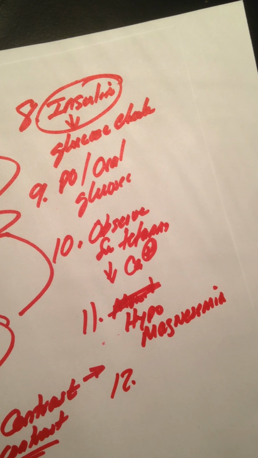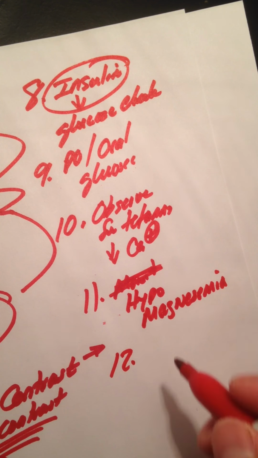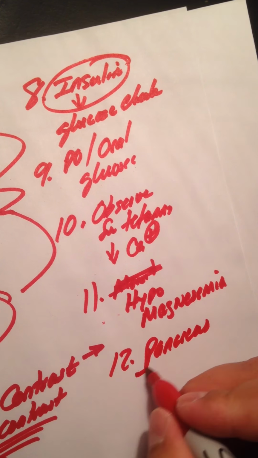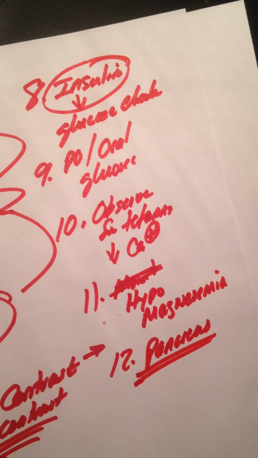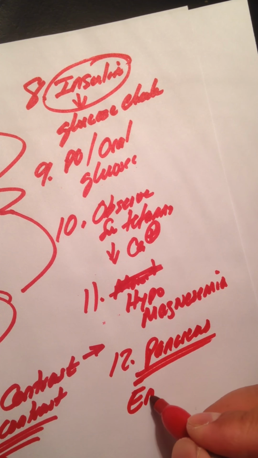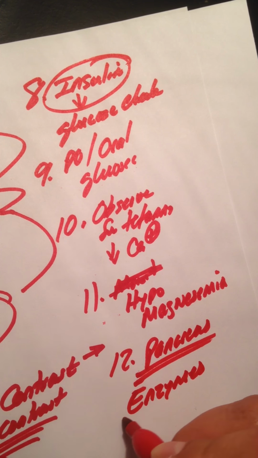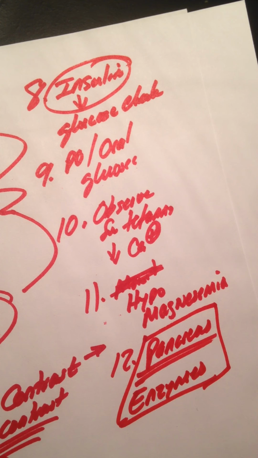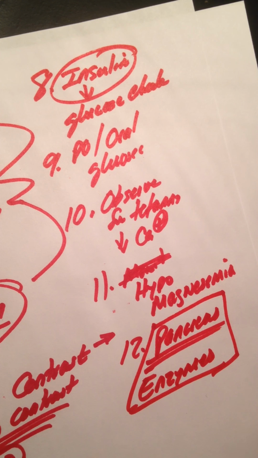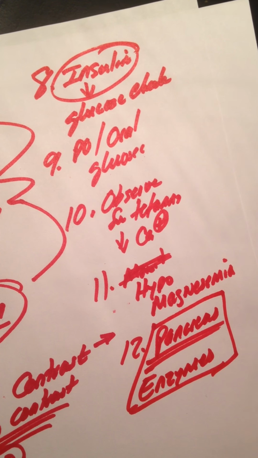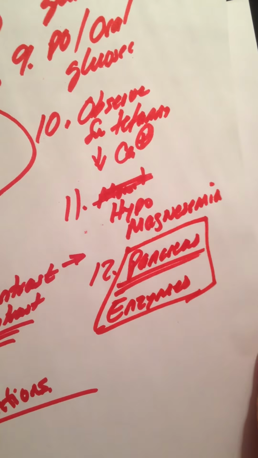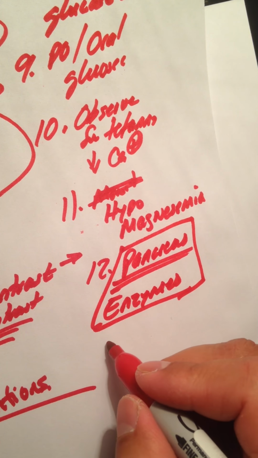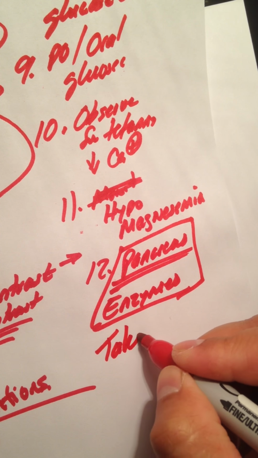And last but not least, you will tell your patient to maybe take some PO pancreatic enzymes. This would be more if it's a chronic situation. Their pancreas is affected enough that it can no longer produce those enzymes, so you're going to have to provide those supplementally. You're going to give those, again, PO, and you're going to tell that patient to take it with meals.